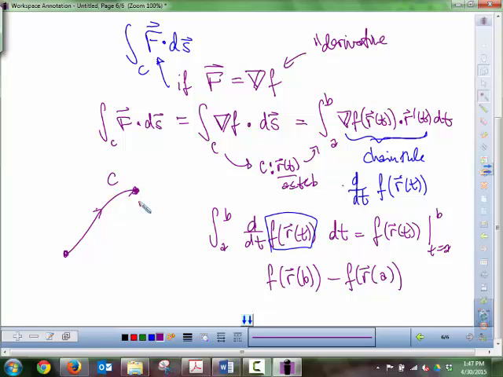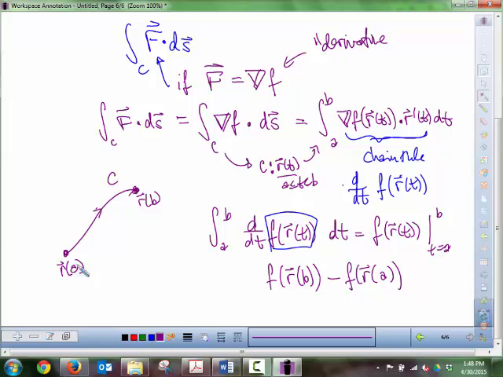The last endpoint. And then this must be r of a. So it looks like this is just a function evaluated at the starting point and the ending point.